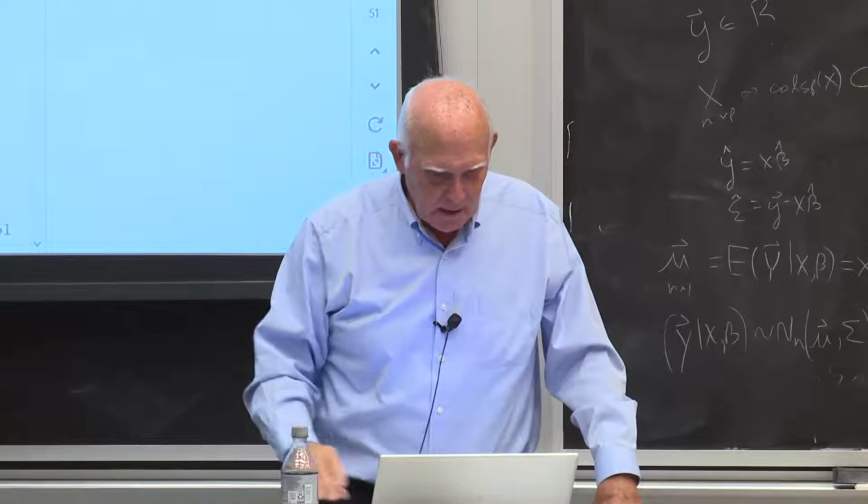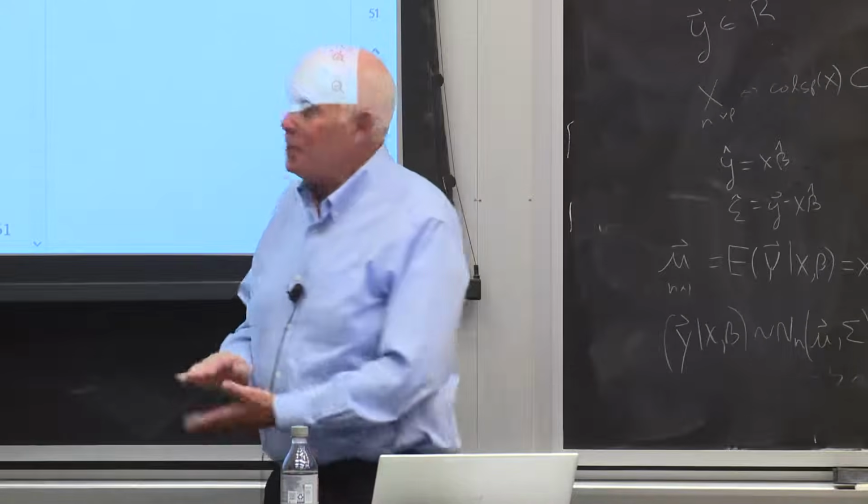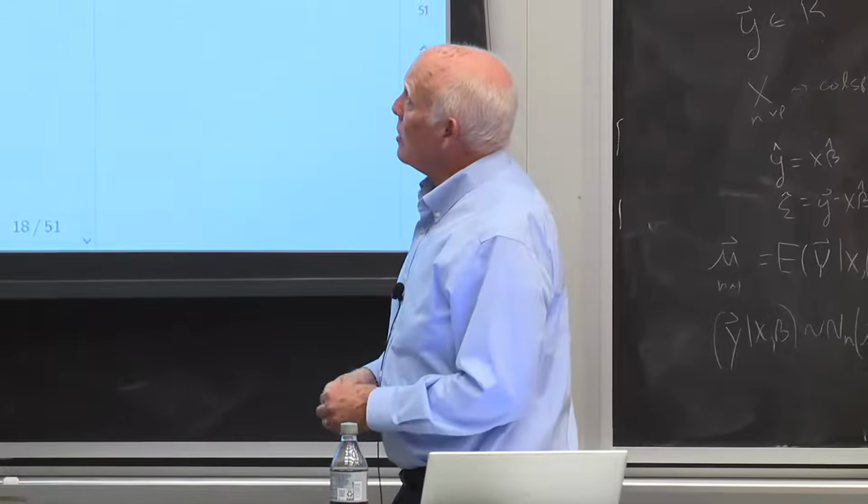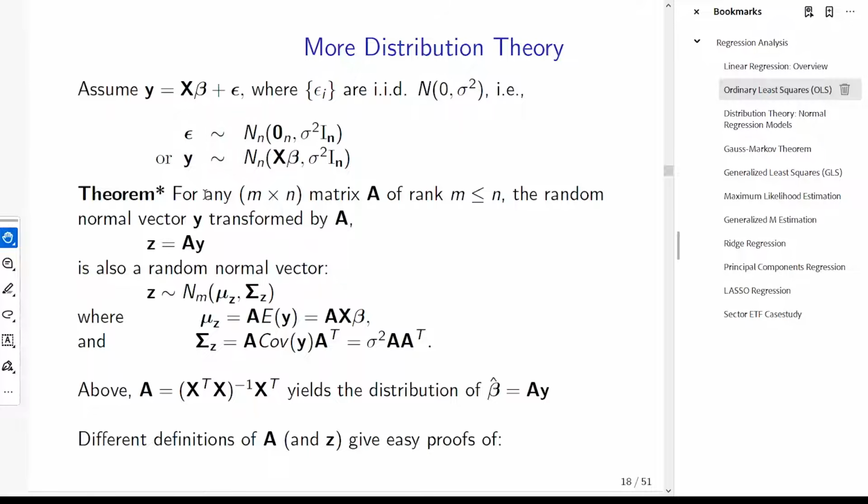All right, well, we can do some more distribution theory, which is to look at the distribution of our error vector. We can also look at any matrix A times y and look at the distribution of that transformation.